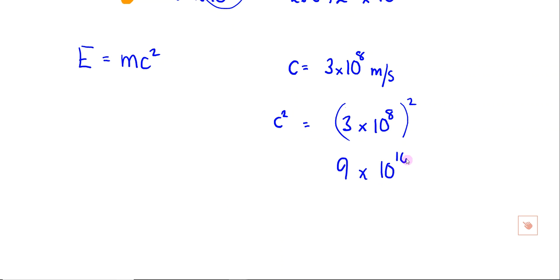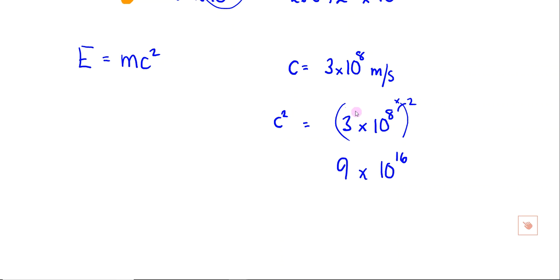No, to 16. Because it's a big number. Yes, but I will see whether you understand or not on your test, because we've just done what you do if you multiply powers either side of a bracket. You multiply them, don't you?